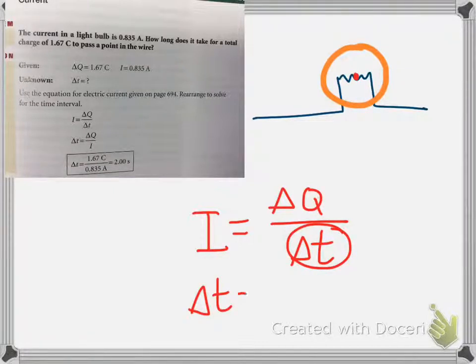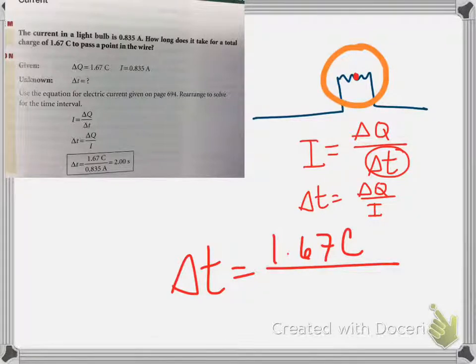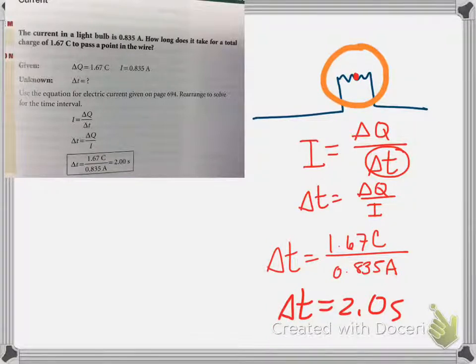So delta T is delta Q over I. So we have 1.67 coulombs of charge. We have 0.835 amps. Okay, so yes, it does come out that cleanly. 2 seconds, and that's it.